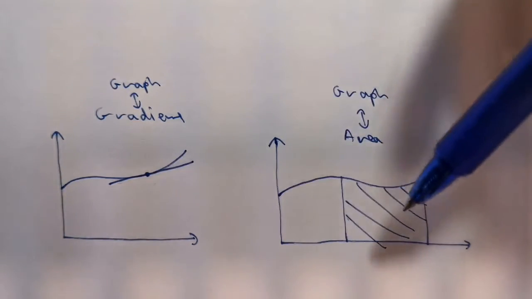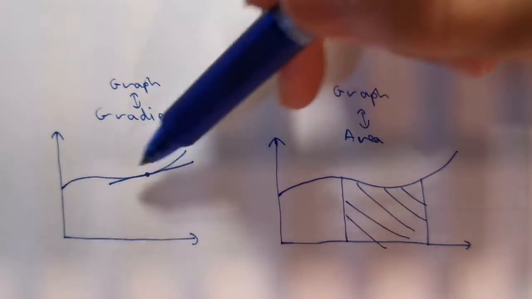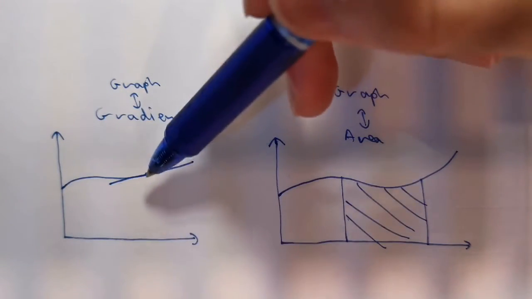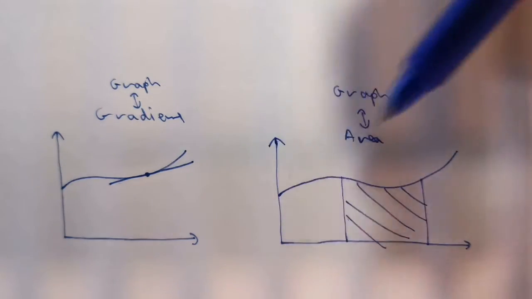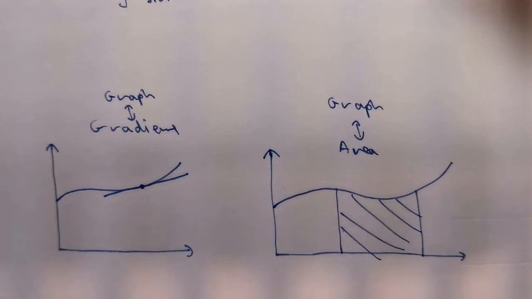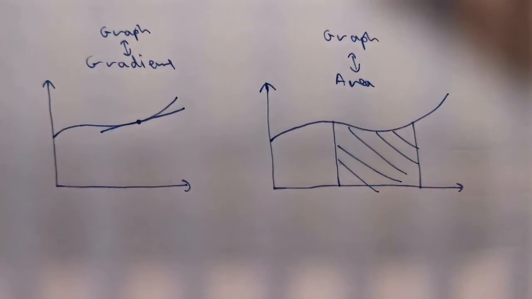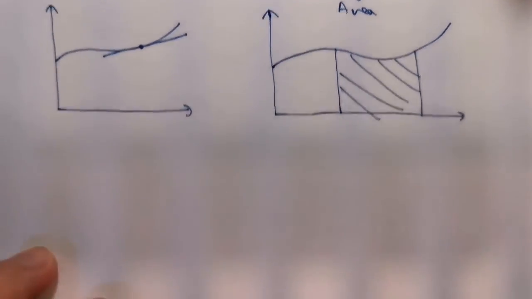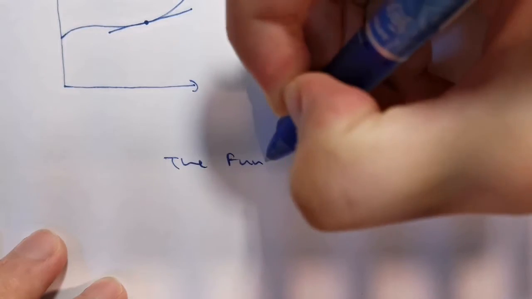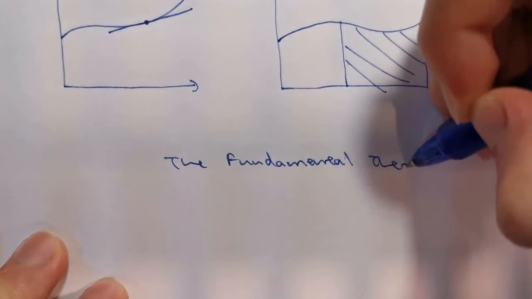But integration is, given the graph, you find the area. So it's actually not that clear why the inverse of differentiation can be thought of as integration and vice versa. For this, we actually need a special theorem that's not covered in the syllabus. The name of this theorem is the fundamental theorem of calculus.